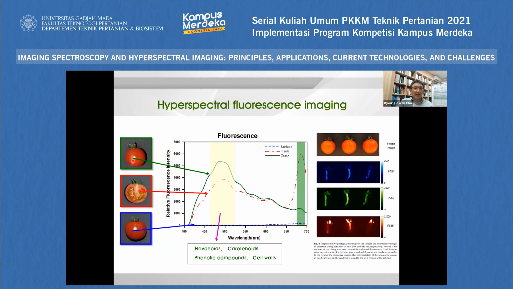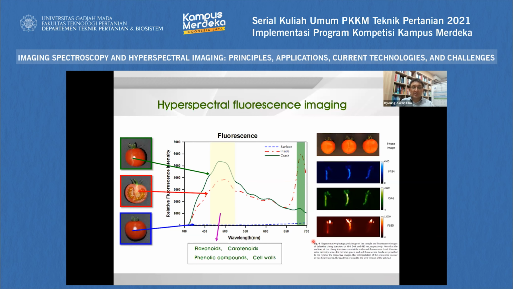But the crack area is not wax area. This is a tomato flesh area, so it has lots of fluorescence like this. Okay. So using that property, we could detect crack area using fluorescence imaging in this way.